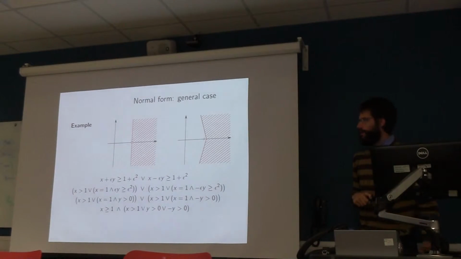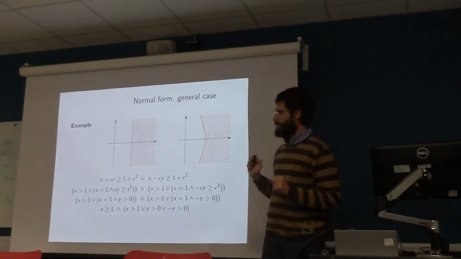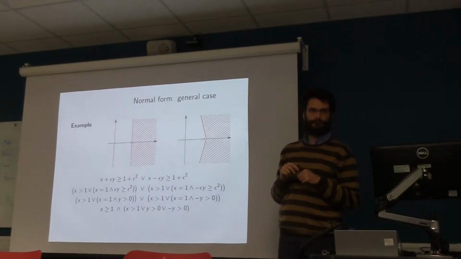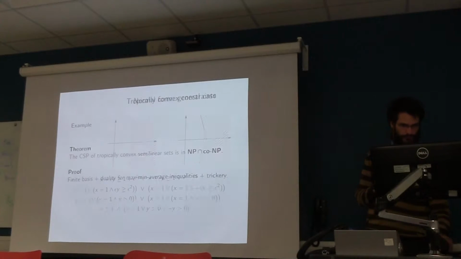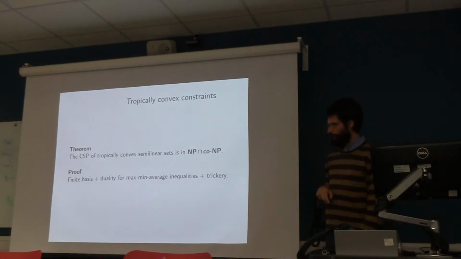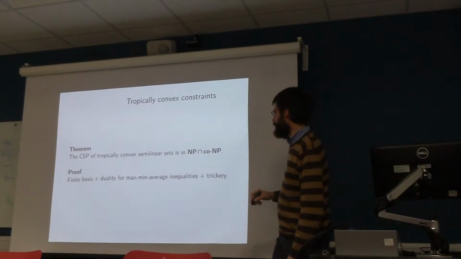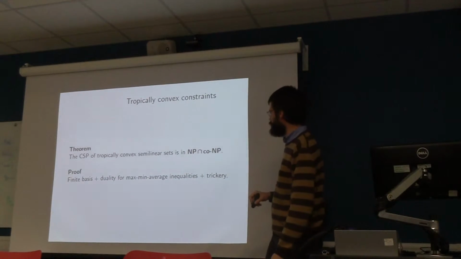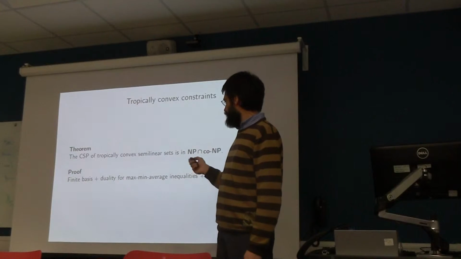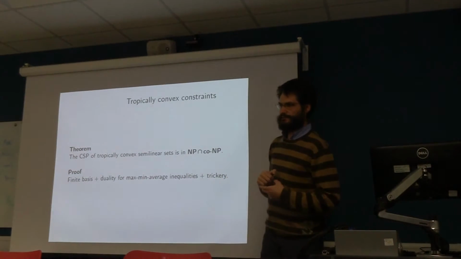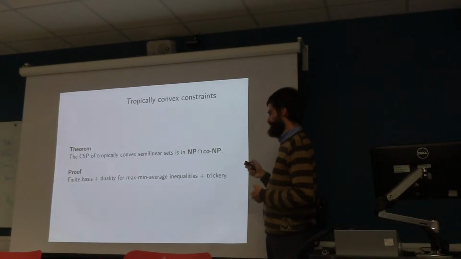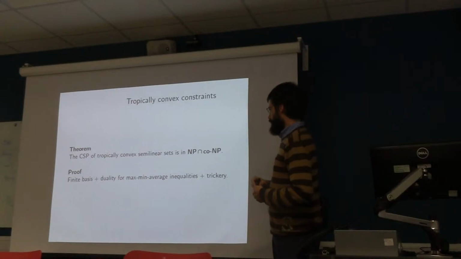Okay. So we are done with this finite basis theorem, essentially, and we can go to maybe the most interesting part of the talk. We have time for it? So the CSP of tropically convex sets, and we want to prove that this problem is in NP intersect coNP.